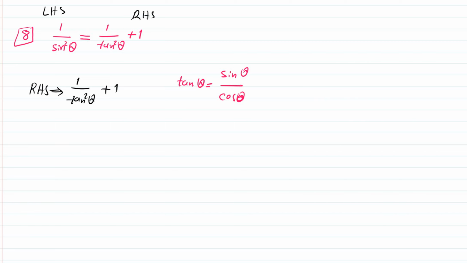But if your tan is squared, you need to put square on both of them. If it's power 3, you need to put power 3 on both of them. And so on. If your tan is power n, for example, you will say sine theta power n over cosine theta power n.